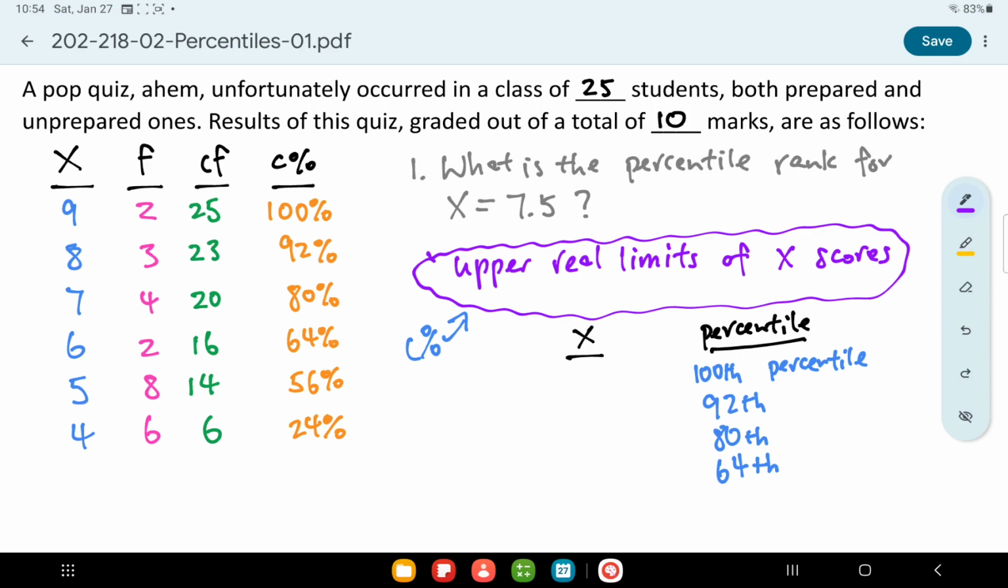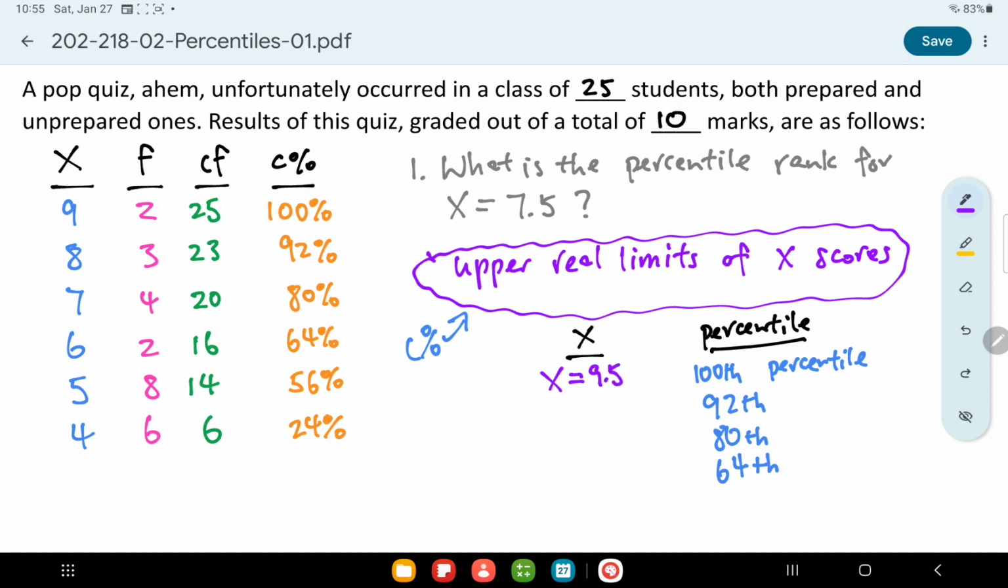So the 100th percentile corresponds to, again, we need to indicate the upper real limit of that number, x in this situation equals 9.5.